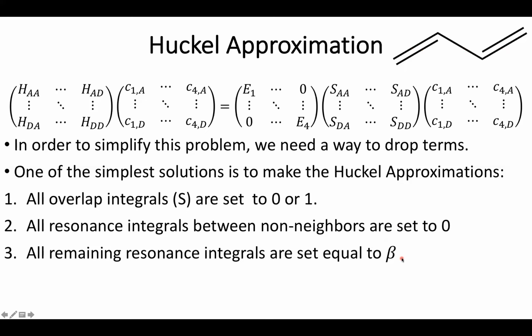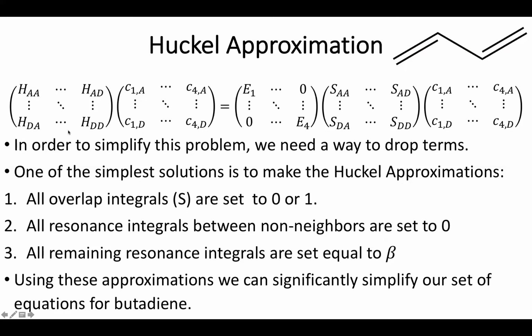So what we can do is use this set of approximations and try and simplify our set of equations up here. You'll notice that none of these approximations touch our coefficient integral. So this is more or less the composition of each of our molecular orbitals and how much of each atomic orbital goes into them.